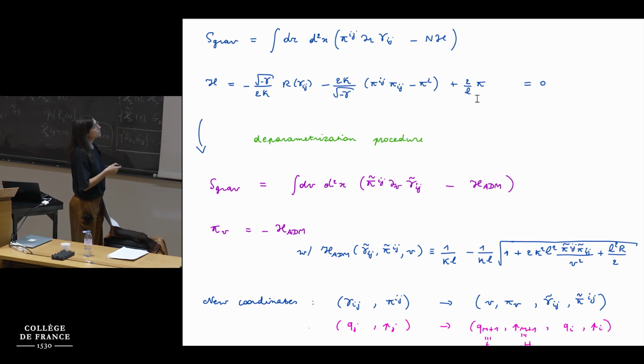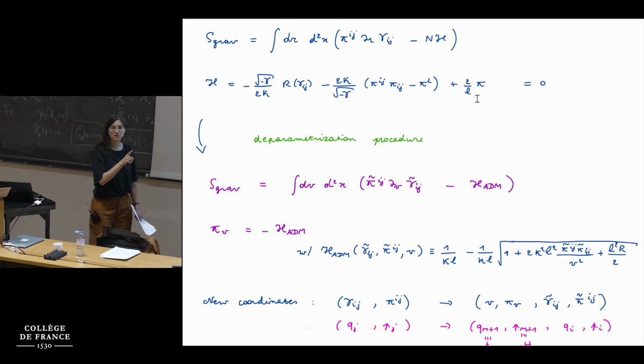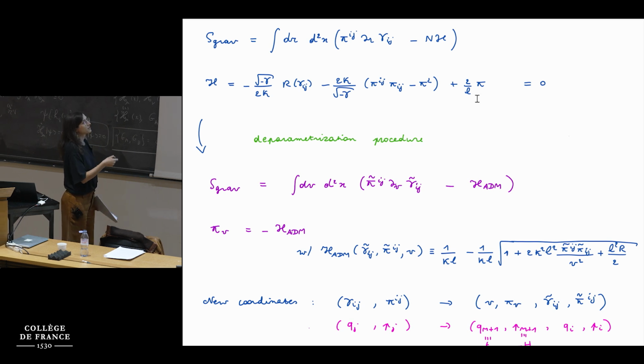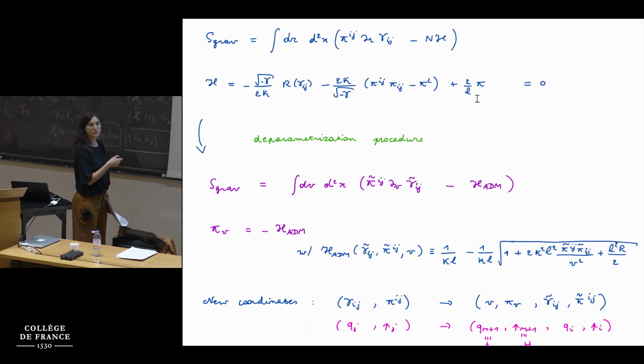Good, so you solve for this rescaled trace of the momentum to get some square root solution. And one thing to notice here is that the form of the Hamiltonian constraint is already suggestive of solving it to something of this form that isolates the momentum, precisely because there's already a term that's linear in this pi.